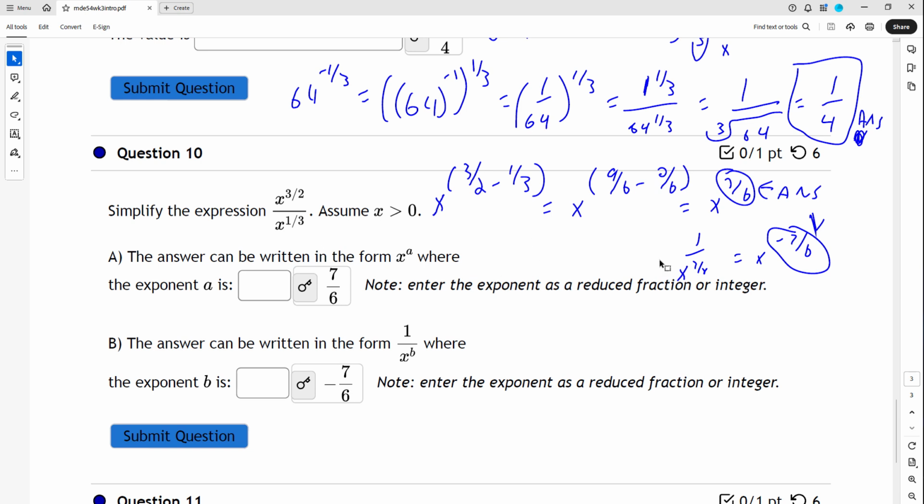Now we can write it. We're going to put it down at the bottom here and say x to the negative 7/6 down there, where b is going to be a negative 7/6 because it belongs in the bottom.